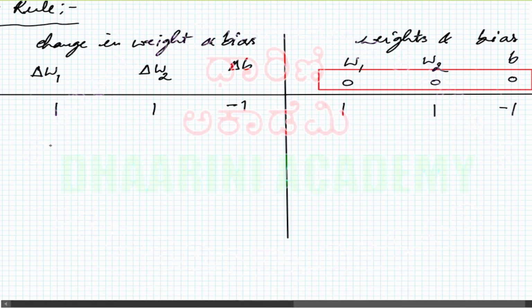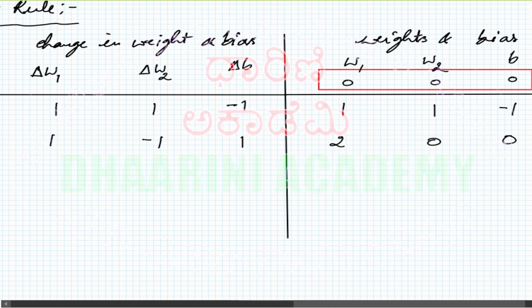Okay, this is 1, that's right, minus 1. Can you check the third one? What is delta b? Delta b is y itself, right? So just see what we wrote previously. So this is 1. Okay, now add them to get the values of w1, w2 and b. Okay, 0, 0. Perfect.